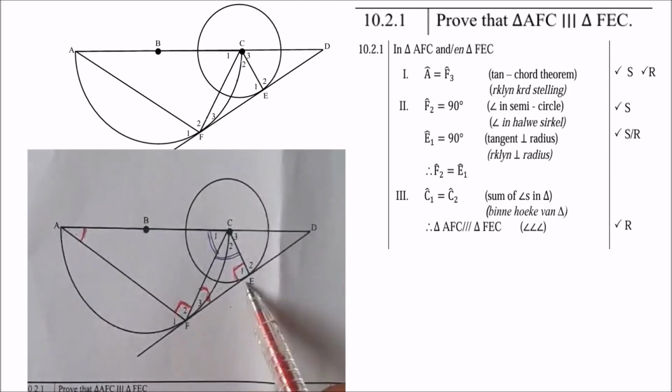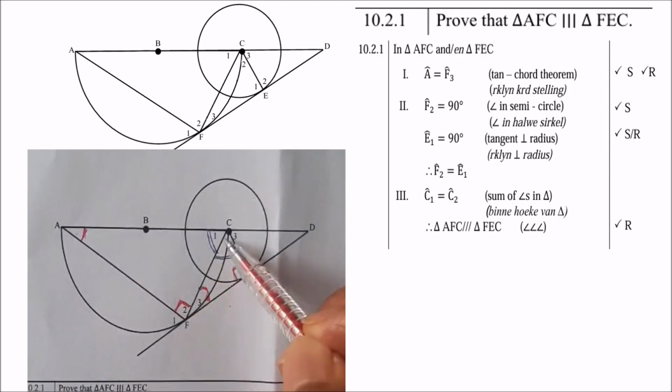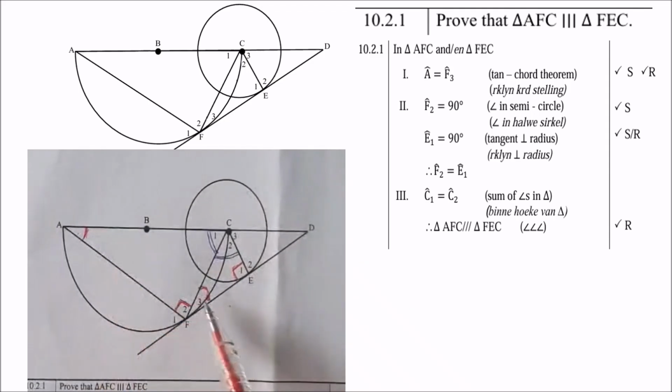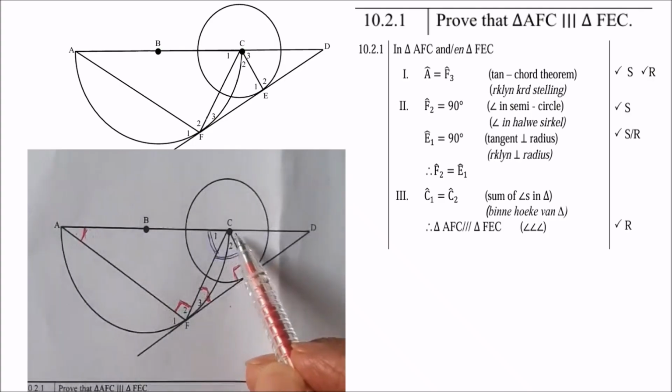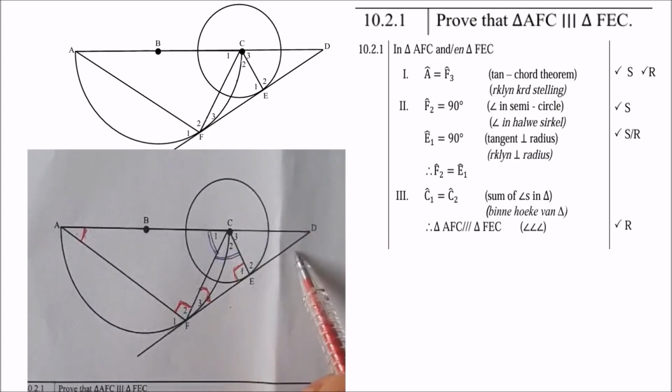Then secondly, angle F2 is 90 degrees. Remember, angle in a semicircle. And of course, angle E1 is also 90 degrees. Again, angle between the tangent and the radius. So therefore, angle F2 and E1 are equal, because they are both 90.